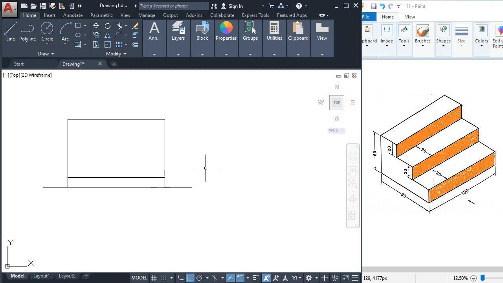Now we have to draw these 100 by 20 rectangles. Suppose this is the starting point, and from here it is at a height of 20, and the corresponding point will join here. Once again we have to draw one more rectangle here and join the corresponding point here.